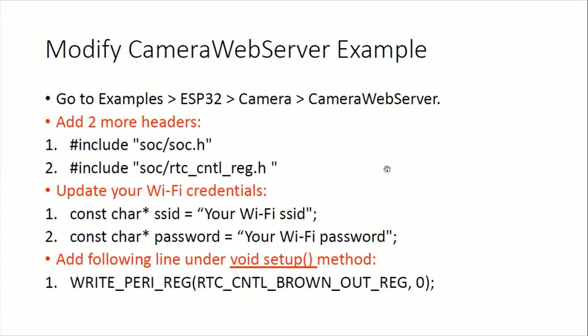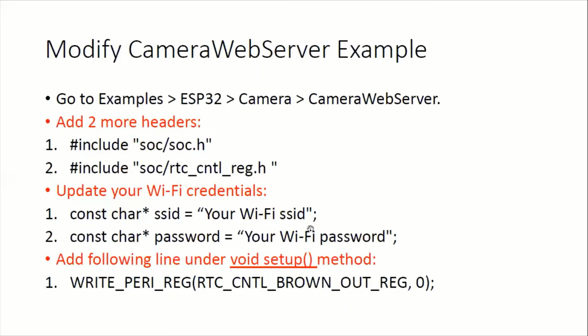It will open a project, and in that you have to add 2 more headers. These are the 2 headers, and below that you will find where it is written to enter your SSID and password.